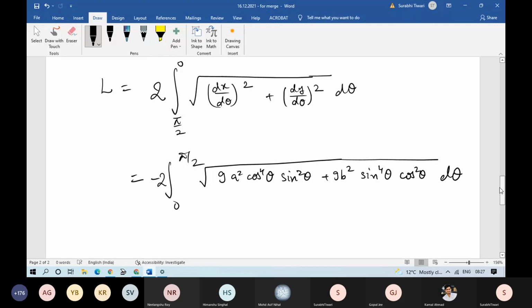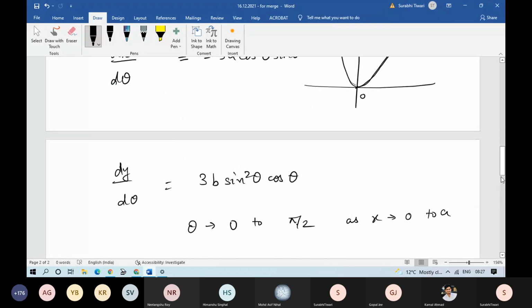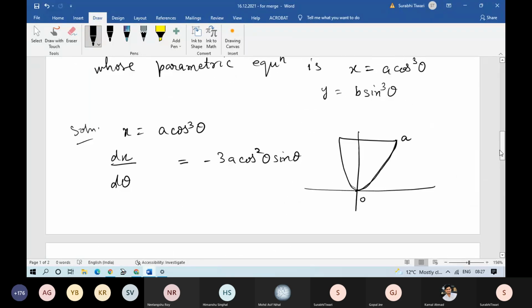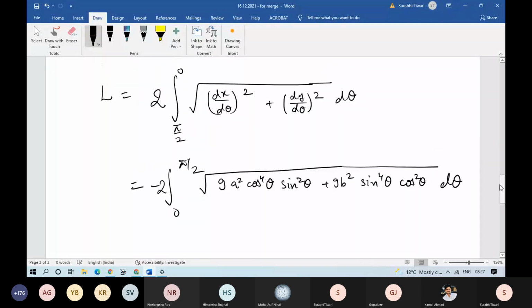So this is the formula you are just putting, and when you are calculating the length, you are calculating the length from here to here. So this is from x is equal to 0 to x is equal to a. So when x is equal to 0, what is the limit for theta? Pi by 2. And when x is equal to a, what is the limit for theta? 0. So therefore, we are putting the limits from pi by 2 to 0.